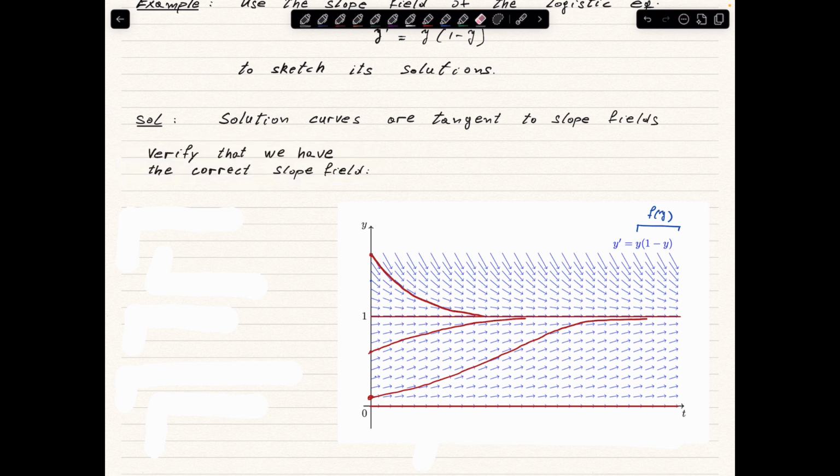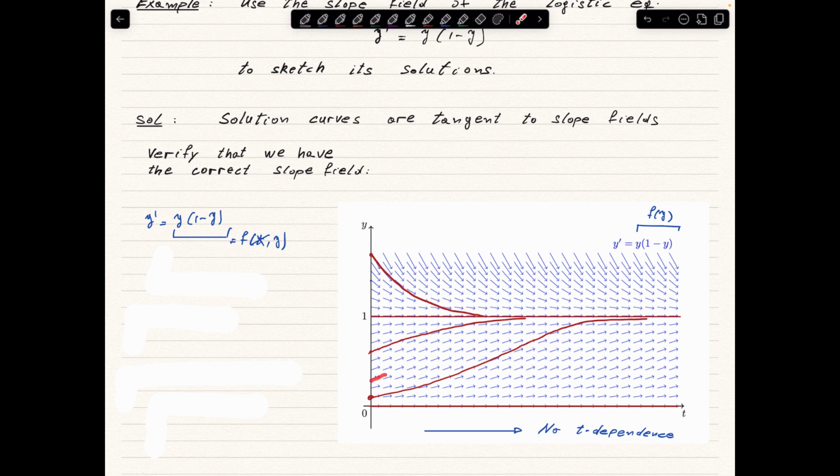Let's verify that we have the correct slope field, that the computer did a good job. This is the equation that we want to work with. This here is the function f, which is not a function of t, it is only a function of y. Because of that, nothing should change in the horizontal axis, and this is true.